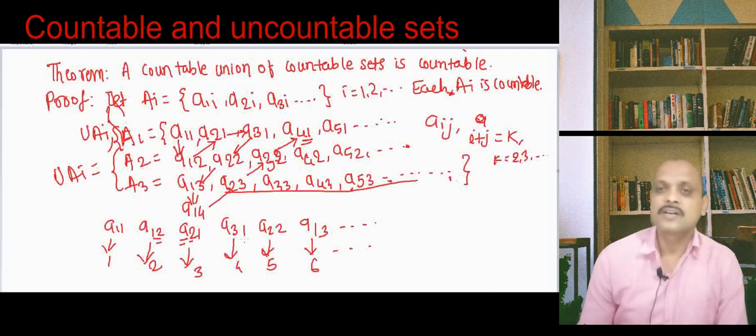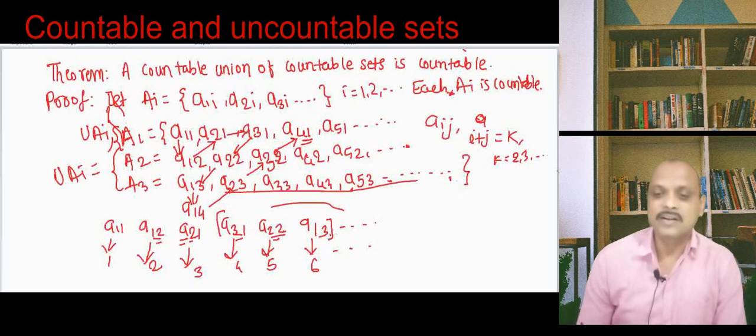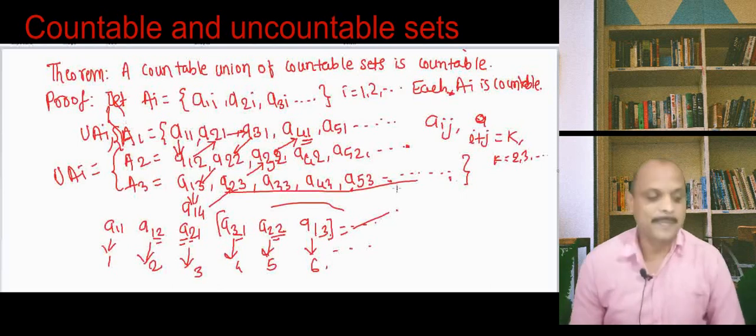Then A31 is 4, A22 is 2 plus 2, which is 4, and A13 is 4. So here we have arranged these three elements in this order. Then we can arrange every element, and there is a one-to-one equivalence between these elements and the set of natural numbers, and therefore the union of countable sets is countable.